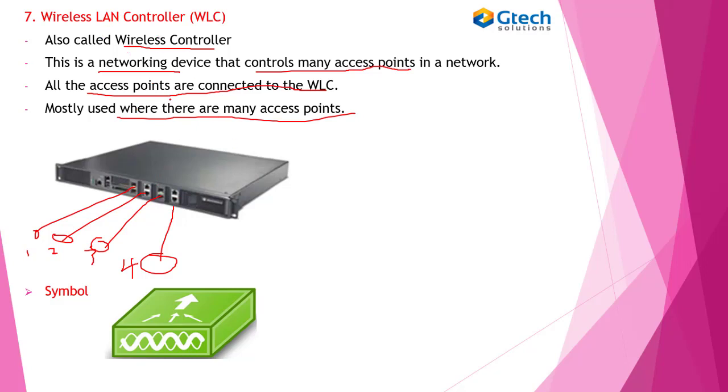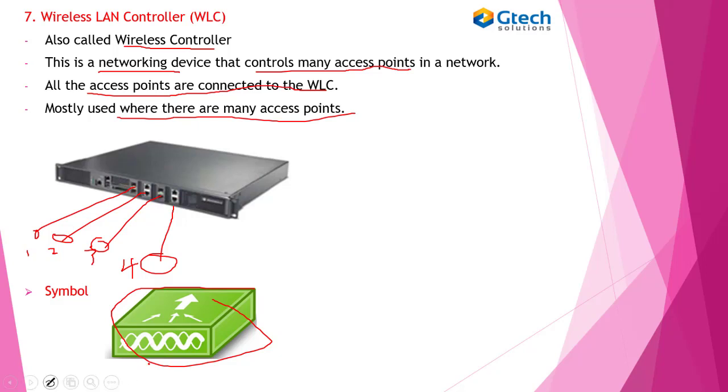Wireless LAN controller connects several access points. Okay, and you know what an access point does. Now this is the symbol of a wireless LAN controller. I hope you understand what a wireless LAN controller is, what it does, and the symbol.